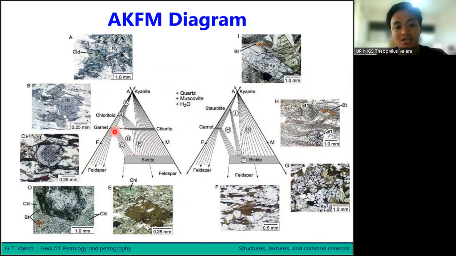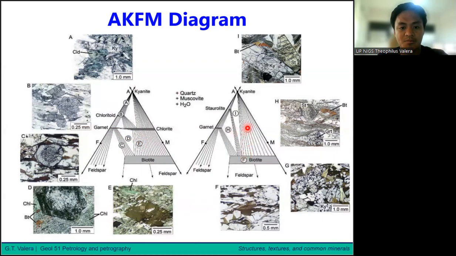So garnet isograd in. That is one possibility for how we introduce new minerals sa ating bulk composition. Such reaction will be recorded in a rock with bulk composition E, but yung rock natin with bulk composition D, already containing garnet, chlorite, and biotite, yung mineral assemblage niya will not change anymore. Okay? So I hope you get that part.